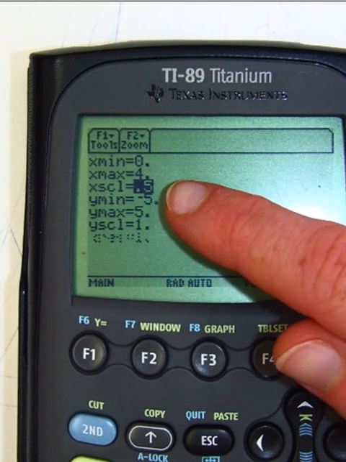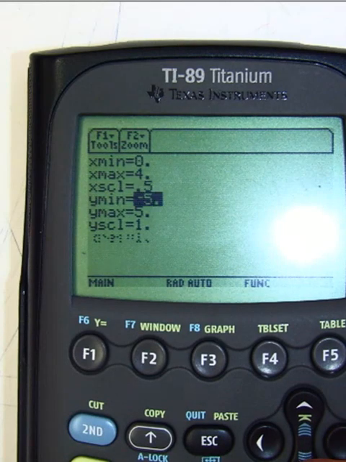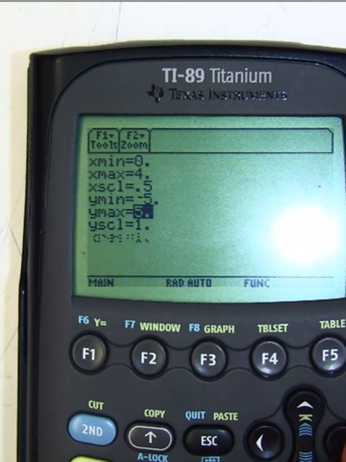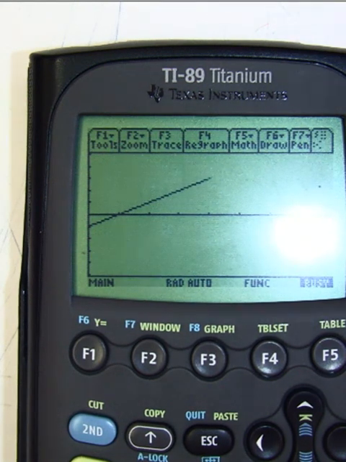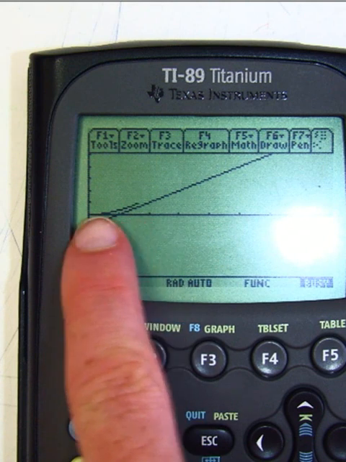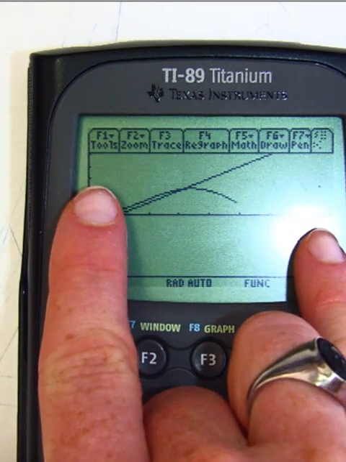You can change the scale if you want to. You really don't have to. And I zoomed in on the y values as well. I changed it from -5 to 5. And then I can go to my graph. And I'm not worried about all these other things that the function can do. I'm just worried about where it crosses the x-axis within this window.